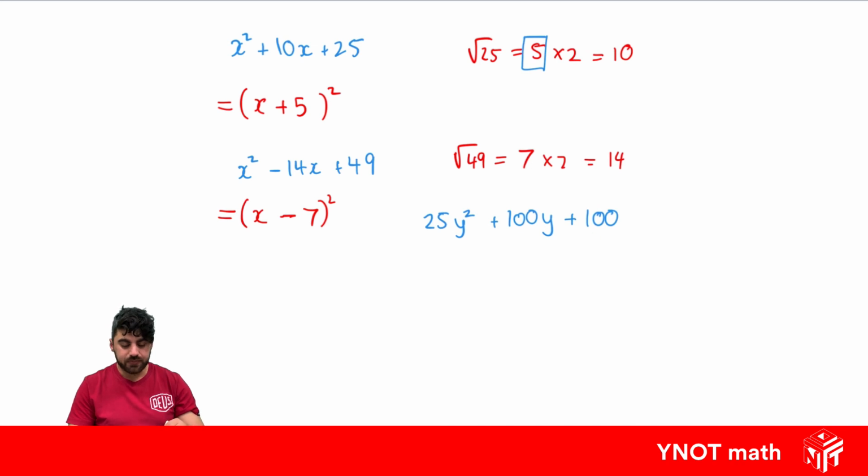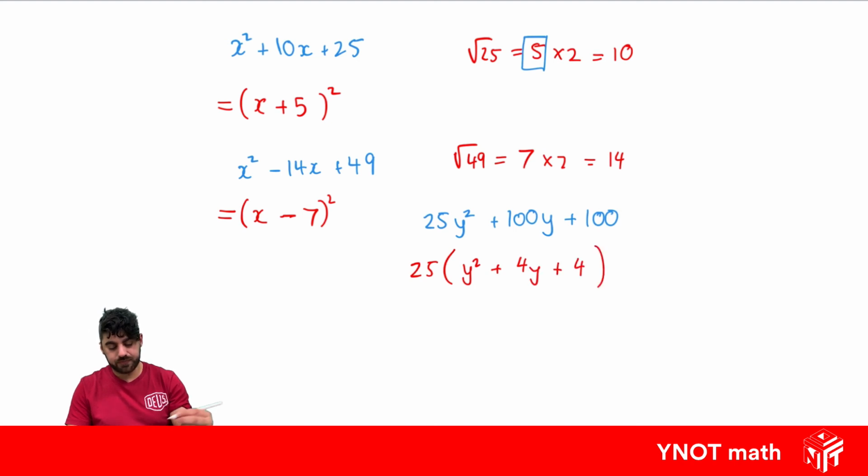So here, it doesn't have to be 1, but it might make things a bit easier if we factorize out the 25 first. So let's do that. And we're left with y squared plus 4y plus 4. And now in here, we can even check if we have a perfect square. So if we square root that, we get 2. And if we double 2, we get 4. So it works out nicely.